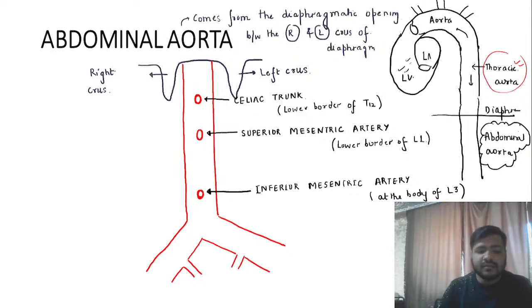So remember, among the abdominal wall branches, there is one artery which is coming directly from the abdominal aorta, and it is supplying the diaphragm and the lower end of the esophagus. Now these arteries are bilateral, I mean, right side bhi hai, left side bhi hai.